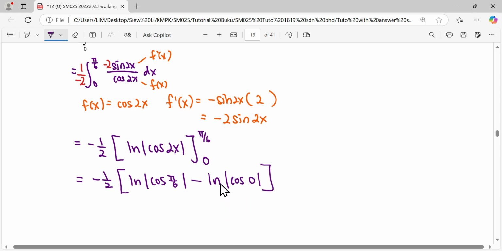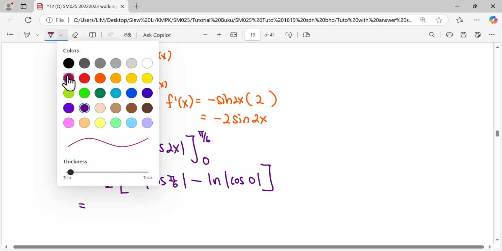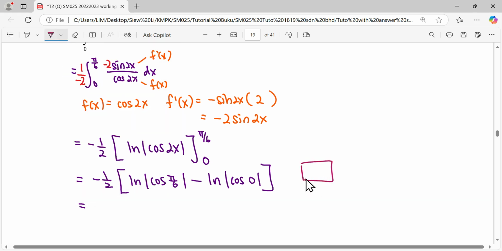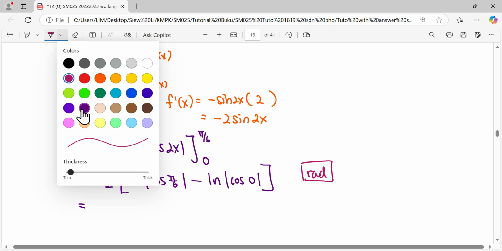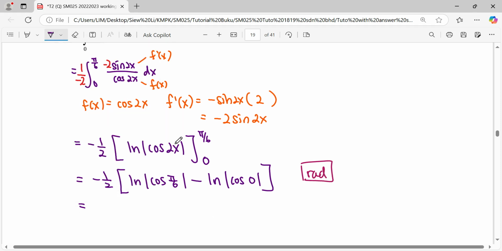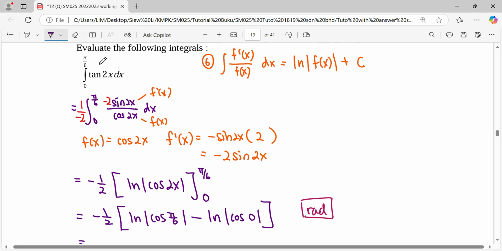Make sure the mode of our calculator is changed to radian, and then we can evaluate this. Actually, we can evaluate using the calculator straight away with the integration button.